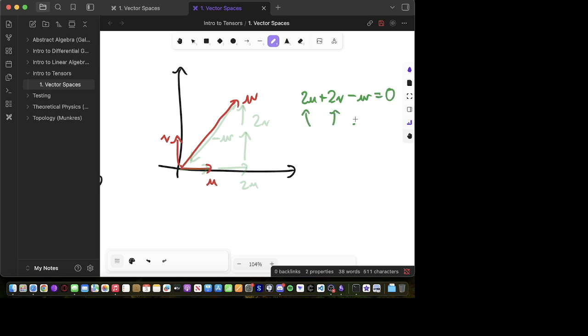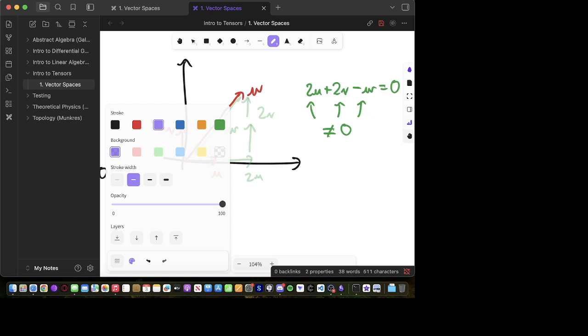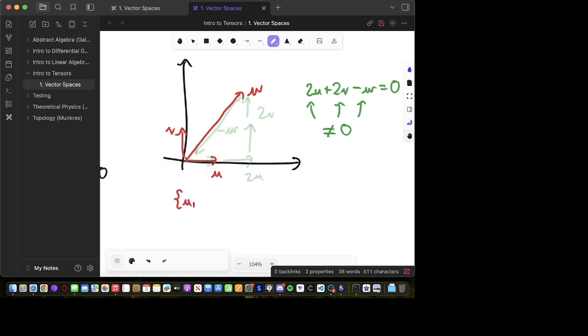Note that these coefficients are not all equal to 0. Therefore, U, V, W is not linearly independent.